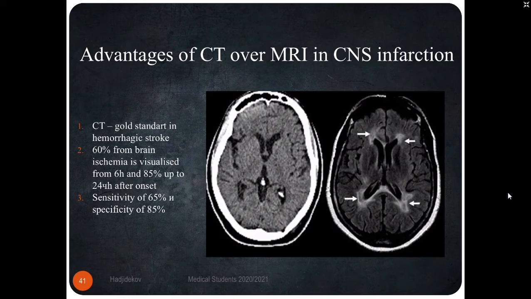So the sensitivity is up to 65%, and the specificity of CT is up to 85%. So if we are supposing a hemorrhage, you better run for CT and not for MRI.